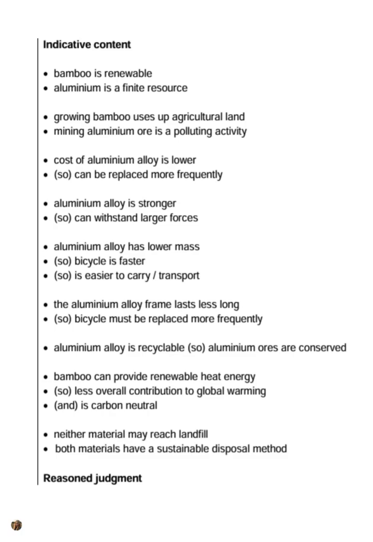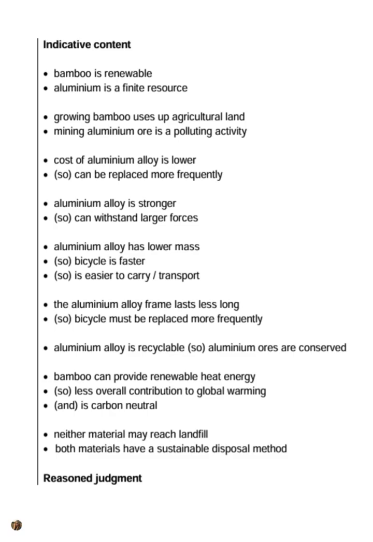We've talked about cost. Aluminium alloy is stronger, so it can withstand larger forces, or you could say bigger people. Aluminium alloy has a lower mass. So the bicycle is faster, easier to carry, transport. The aluminium alloy frame doesn't last as long, so it needs to be replaced more frequently.